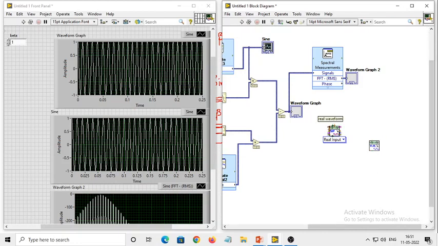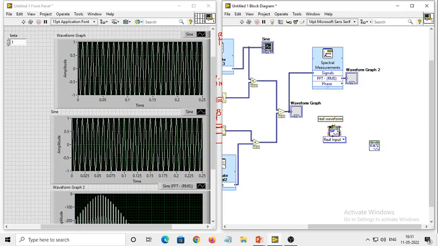Now when you scroll your mouse over this particular block, that is MT Down Convert, you will be seeing different options: real waveform, carrier frequency, passband bandwidth, advanced filter parameters, etc. For our case we only require these 3. The first one is real waveform, the second is passband bandwidth, and the third one is carrier frequency.